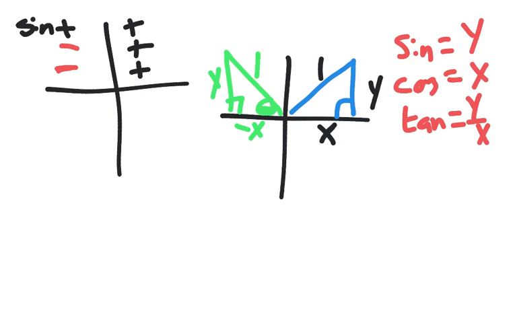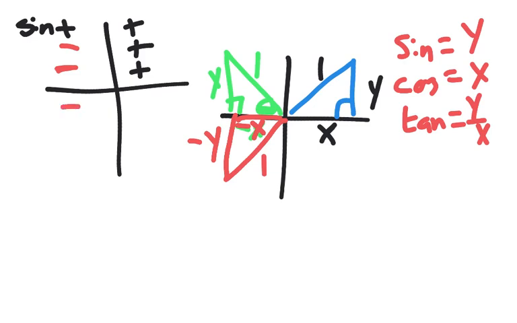Everybody follow my logic? Look in the third quadrant. My x value is still negative. My y value is negative. And the hypotenuse is still 1. So from this central angle here, sine is the opposite, negative, over hypotenuse.